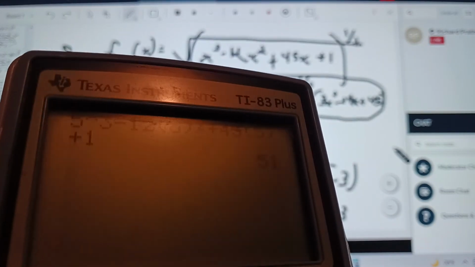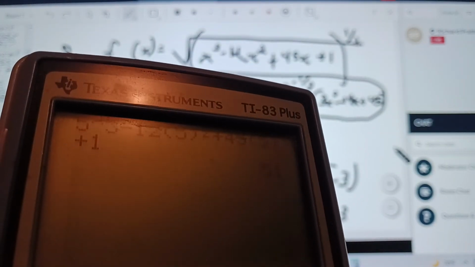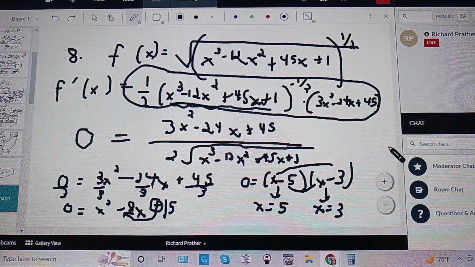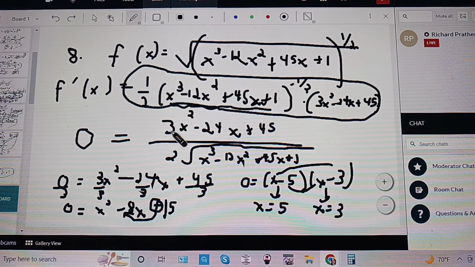It equaled 51, so that's okay. So if I plug 5 into the entire fraction, the top will be 0, but the bottom won't be. I don't care that it's messy, but 0 divided by anything other than 0 is equal to 0. So as long as this 5 doesn't make this 0, then we're good. Same thing with the 3.